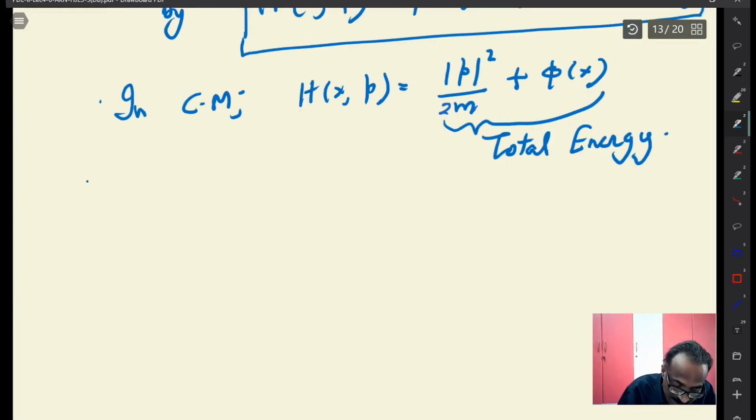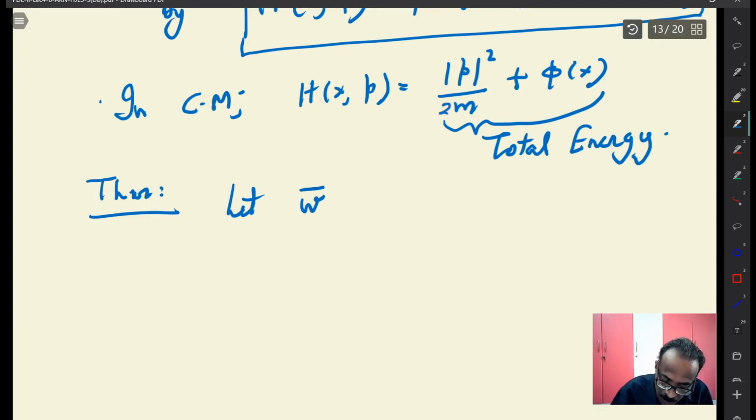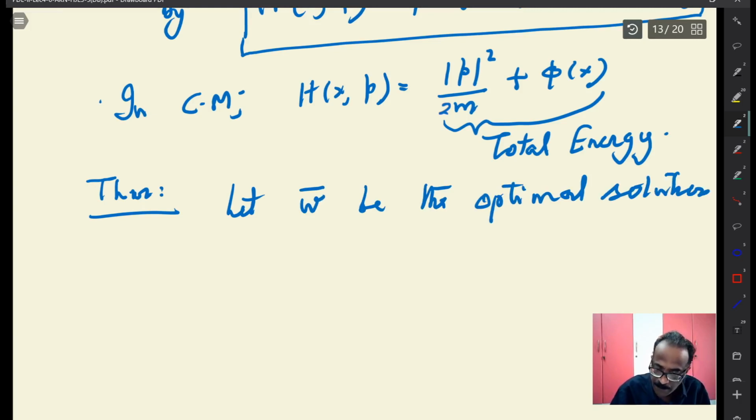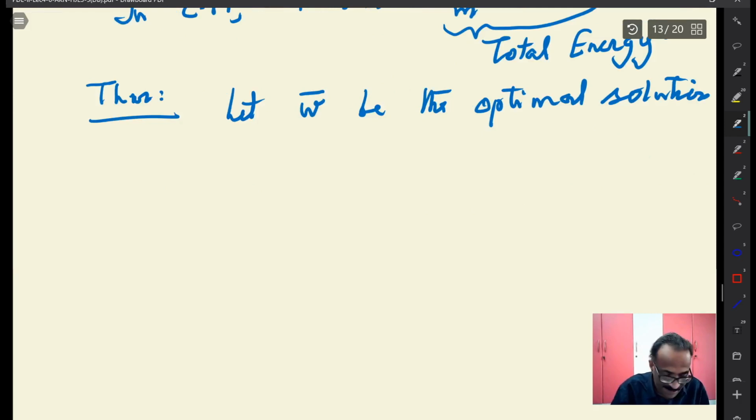So you have your theorem. The proof is not difficult, so I may or may not give it. Assume W bar is the optimal solution, and H as above. Assume solvability.